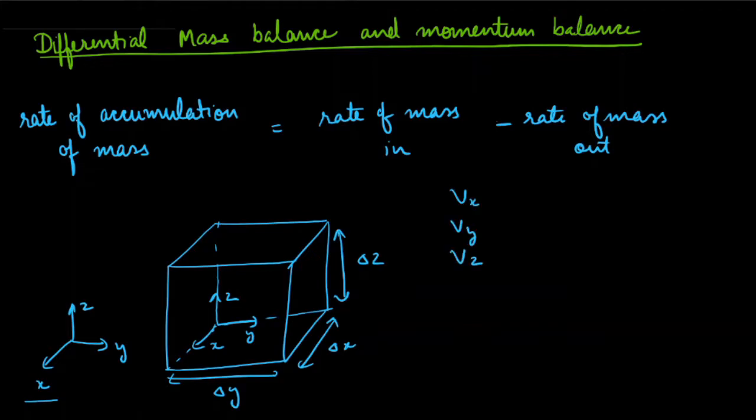Now we consider these to be positive, and if we want to discuss the mass balance, the equation will be that rate of accumulation of mass is equal to rate of mass in minus rate of mass out.